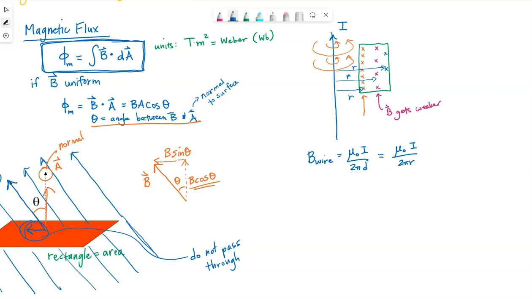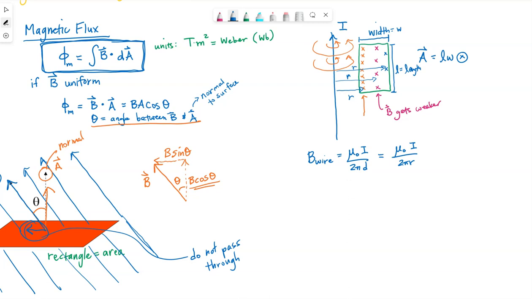If we wanted to find the flux, the area vector for this rectangle, let's call this the width and this the length. The area would be length times width. The direction of this vector, I'm going to just make it into the screen as opposed to out. I know it's parallel to the magnetic field.